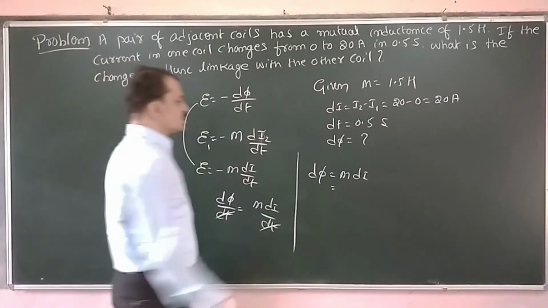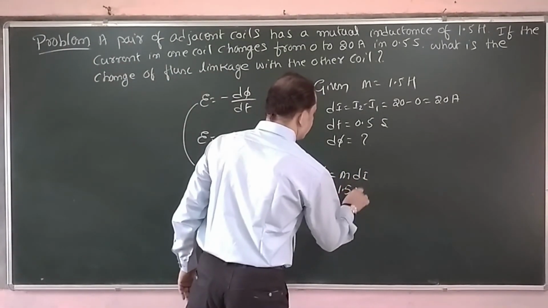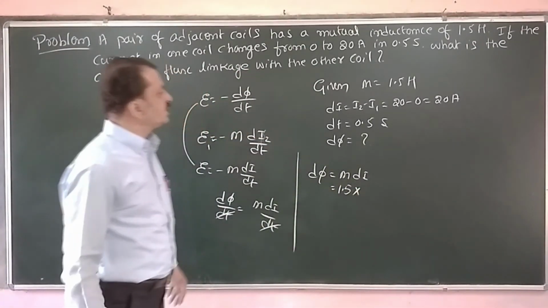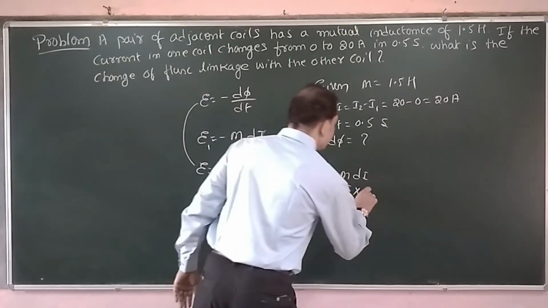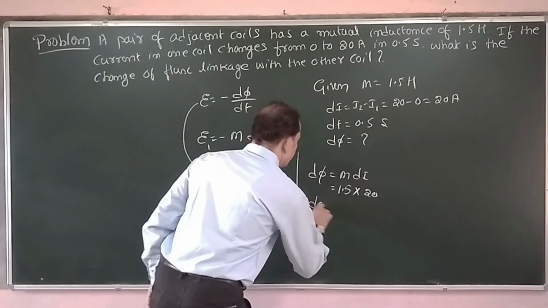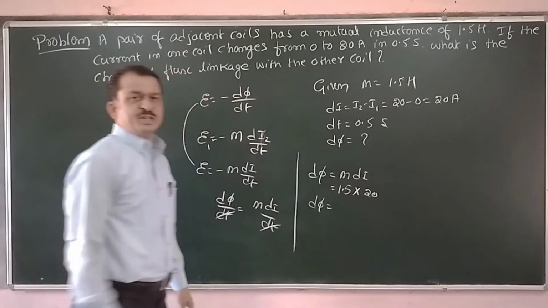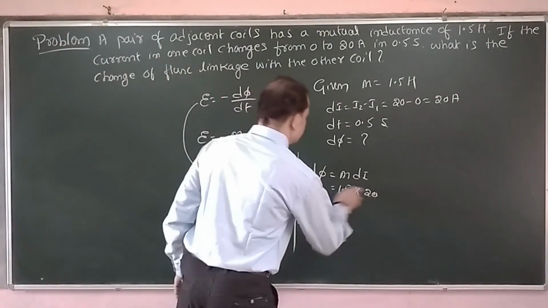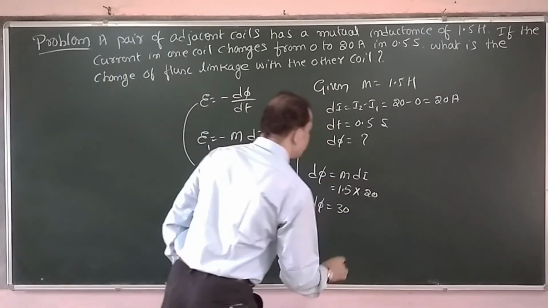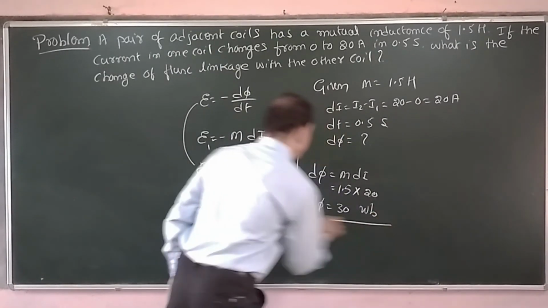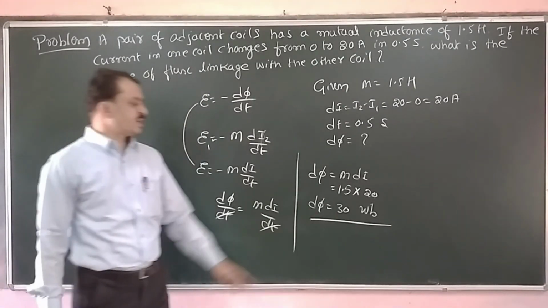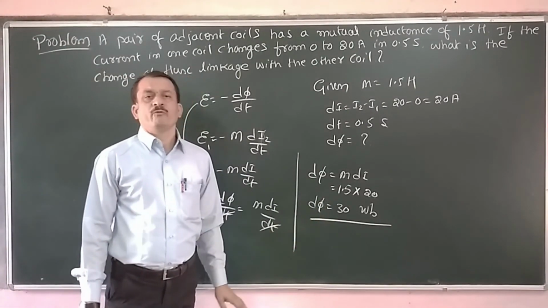Now mutual inductance is given 1.5 and change in current is 20. Therefore, the change in flux linkage is 30 Weber. Flux linkage is 30 Weber.